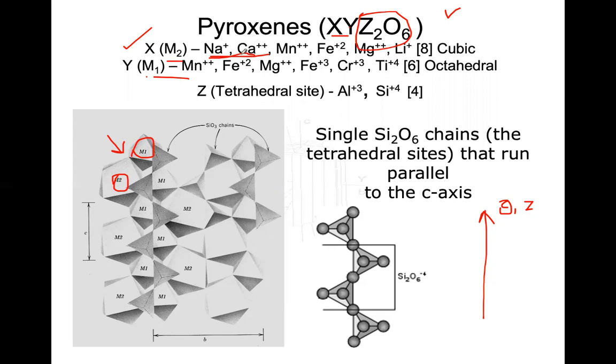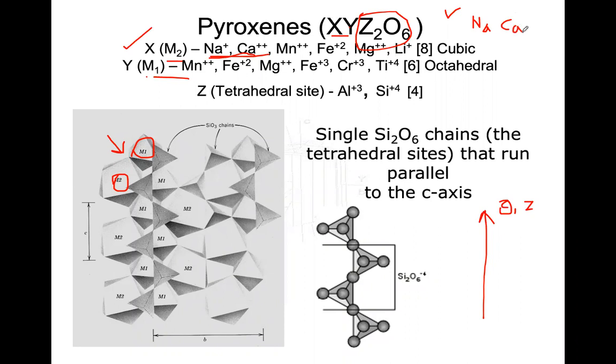The reason is all dependent on their ionic radius. If the ionic radius fits, then another cation can replace these ones. So if sodium is there, there is a possibility for calcium also to come in.